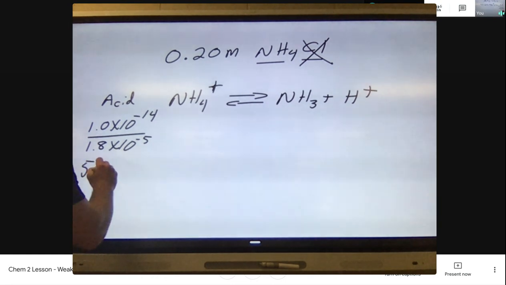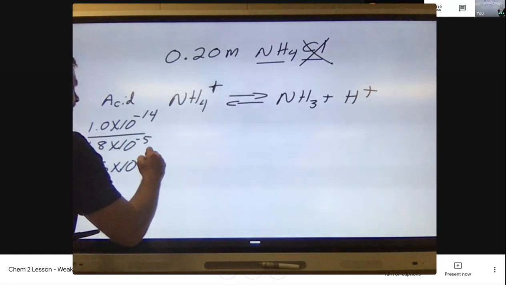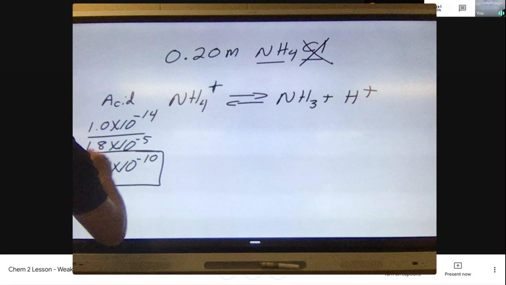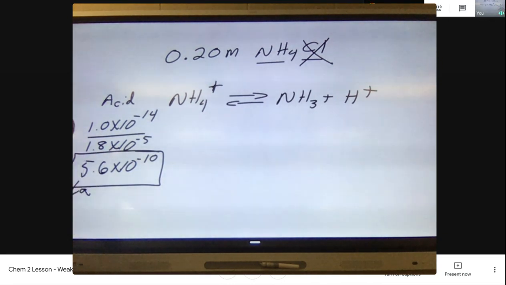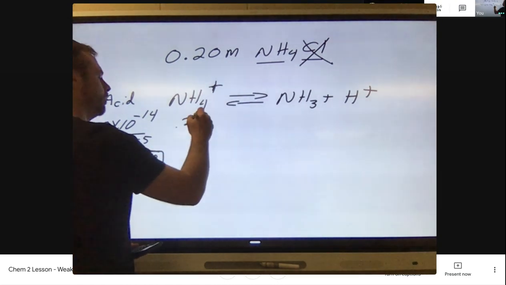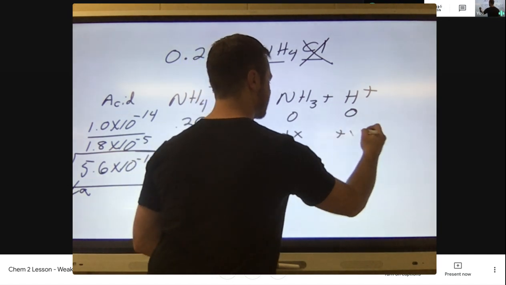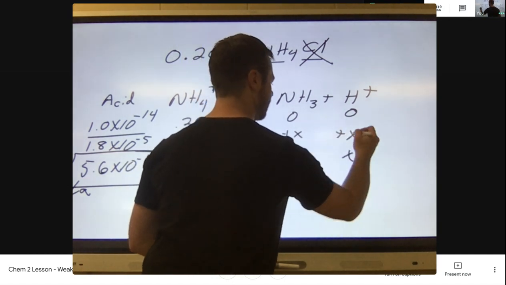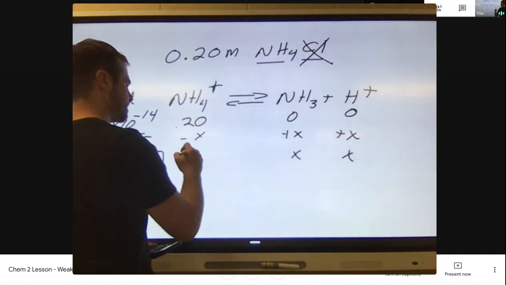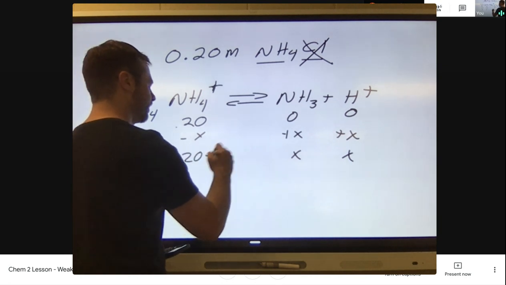Yeah. So what we would use in our problem is that value for Ka. Okay? So we just do an ice table. We go boom, we go 0, 0, we go plus x, x, x, minus x, 0.20 minus x.